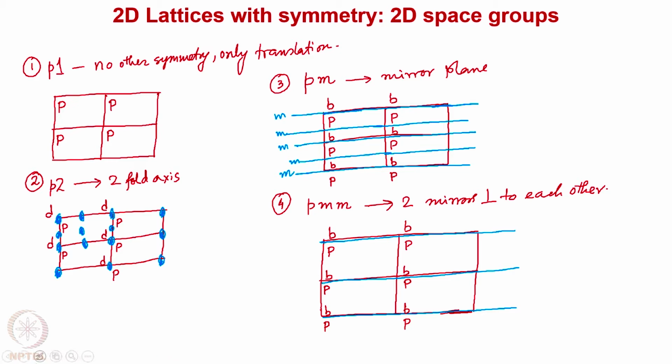And then the second set of mirrors that one can consider is a transverse mirror like this, which is perpendicular to the previous mirror. So this is the longitudinal mirror and the new one is a transverse mirror.